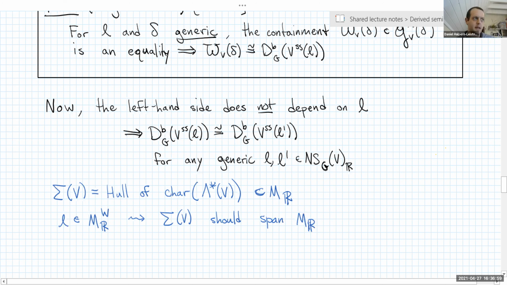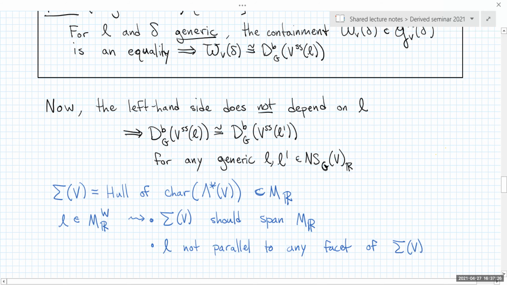That's basically the same as saying that the torus acts with generically finite stabilizer, and L should not be parallel to any facet of sigma of V.